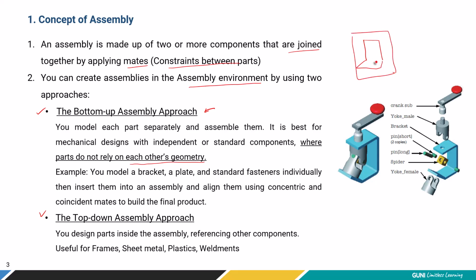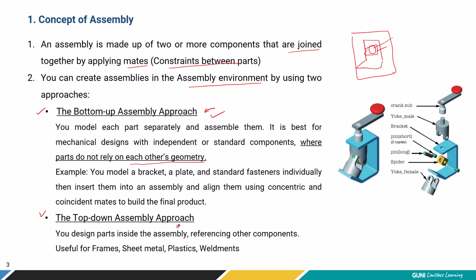The bracket geometry is not dependent on the wall. Here I have a drilled, simple hole, and then I'm going to use a nut and bolt to fix this. All these three parts can be manufactured separately and brought here to create the assembly. They are independent of their geometry. If this is the case, then the bottom-up assembly approach is best suited.